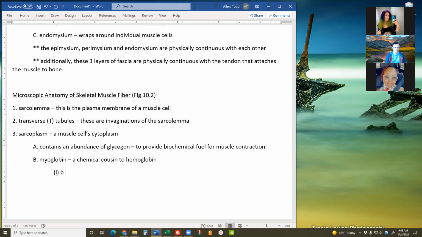So myoglobin is used to store and release oxygen to muscle cells to support aerobic cellular respiration. And for those that don't remember, the purpose of aerobic cellular respiration is to generate ATP to support muscle contraction.